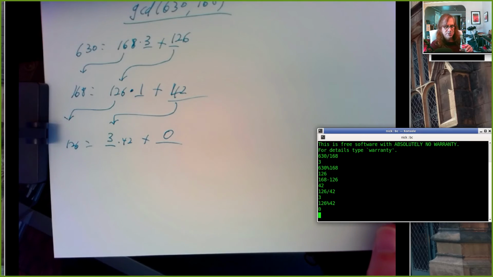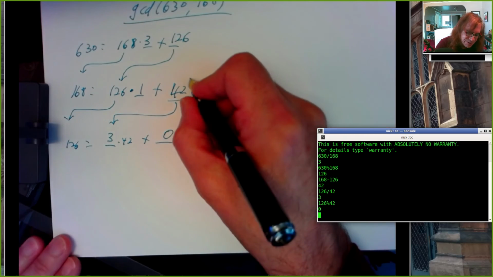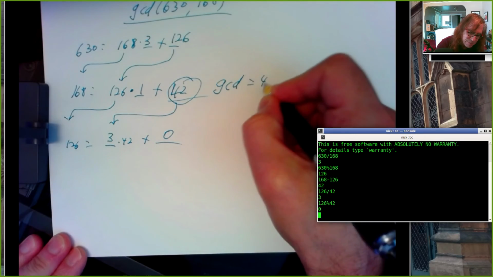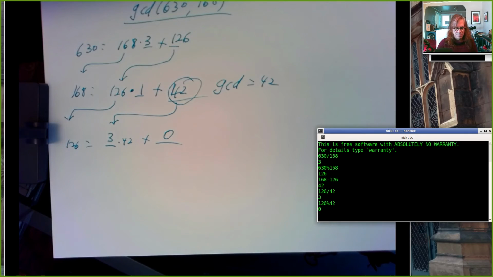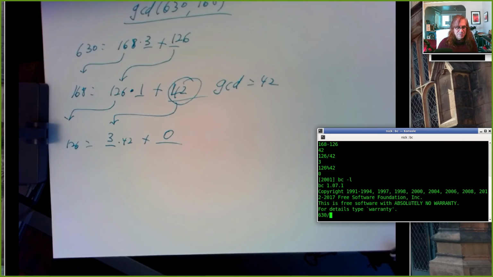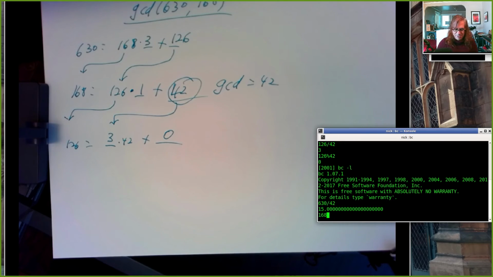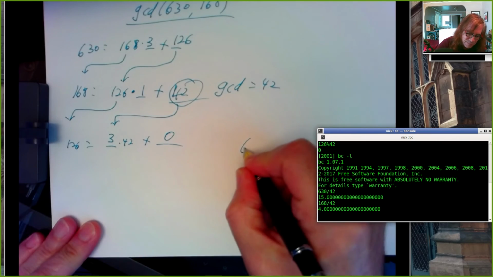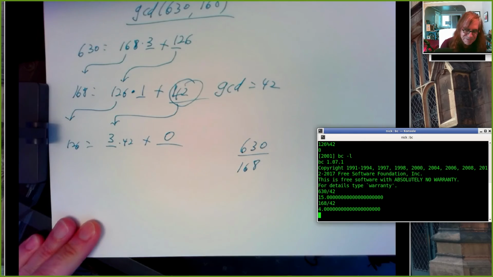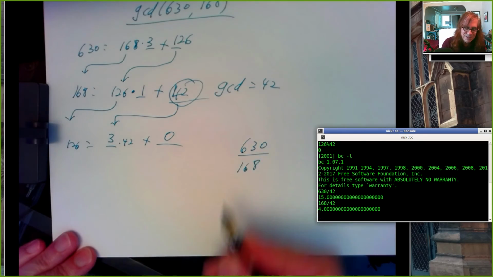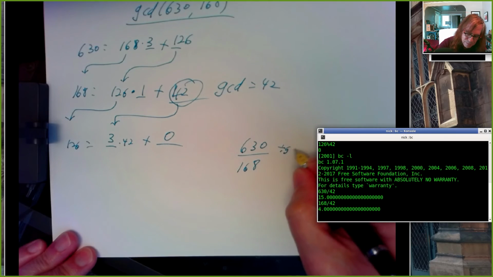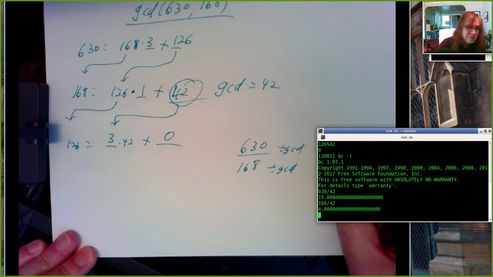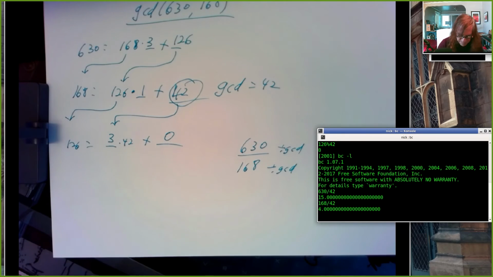All right, so there's a 0, so there's the GCD. So 630 divided by 42 is exactly 15, and 168 divided by 42 is exactly 4. So if this is my fraction, find the GCD, divide the top and the bottom by it, and you end up with the fraction 15/4, and that's in simplest form.